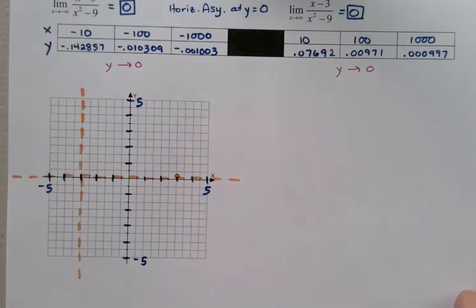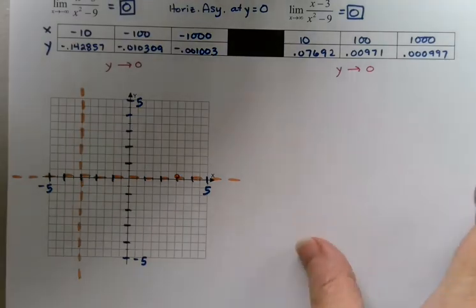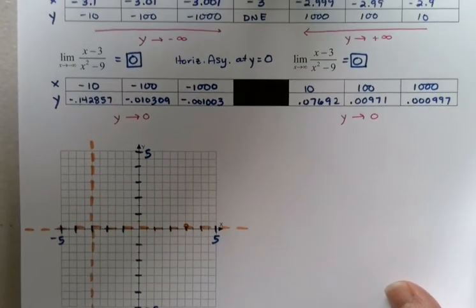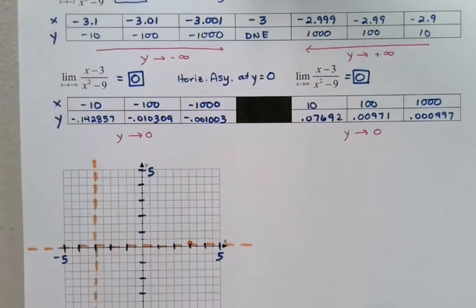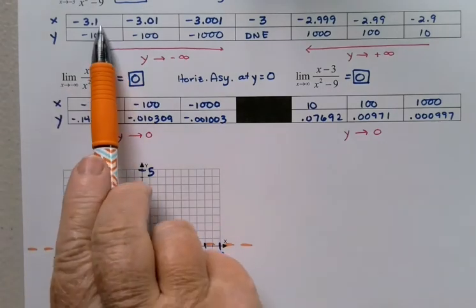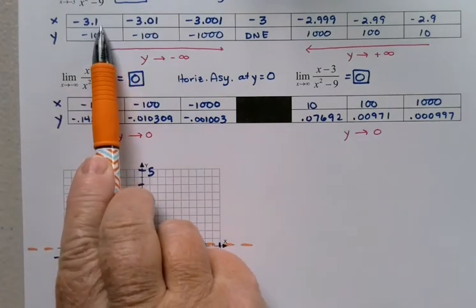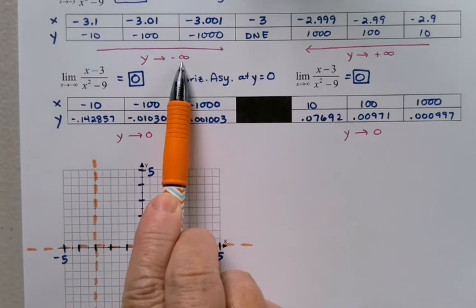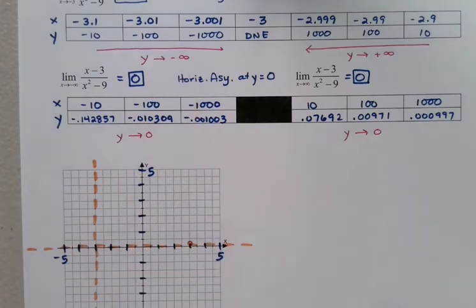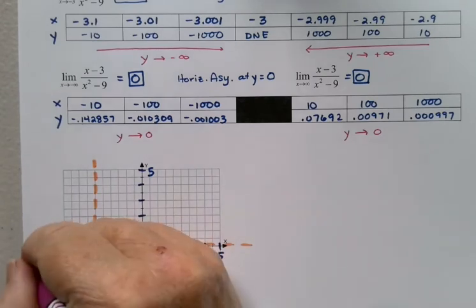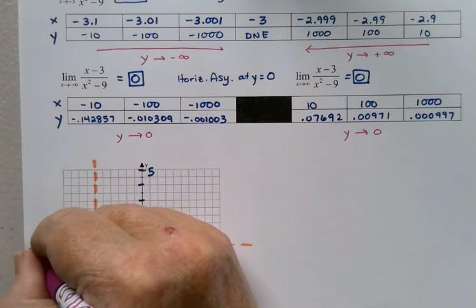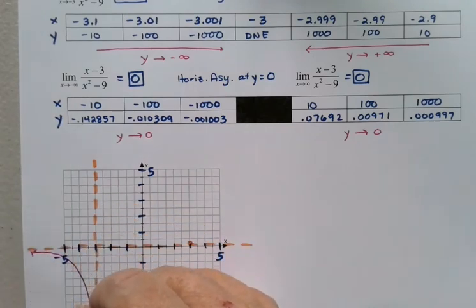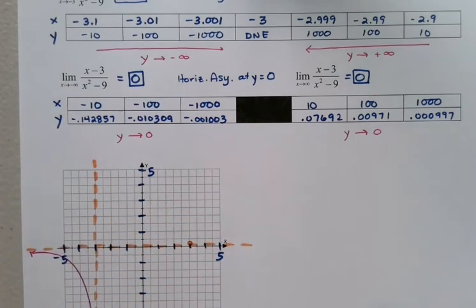Notice on my vertical asymptote that as I approached negative 3 from the left, this went down to negative infinity. So I would be predicting that coming in from the left, this goes down. I'm going to start up here near the horizontal asymptote and go down along the vertical.